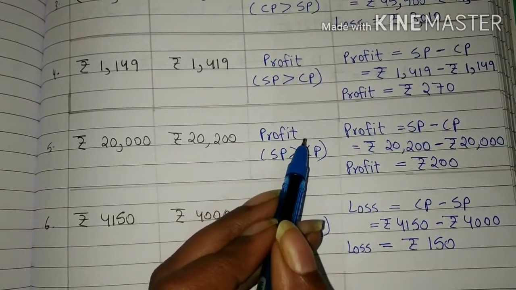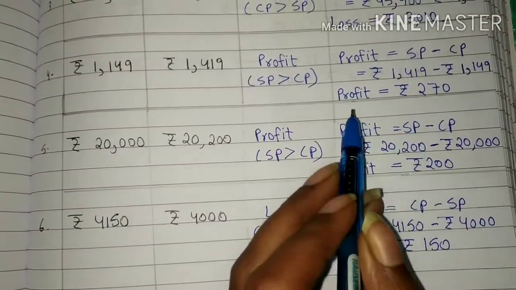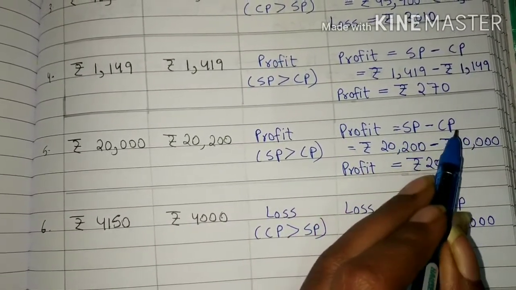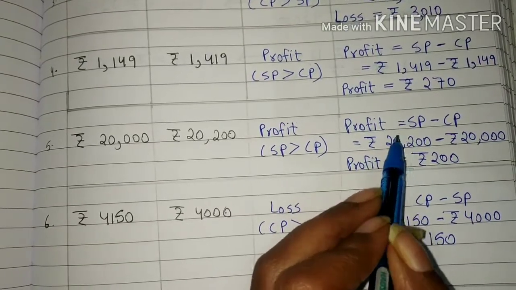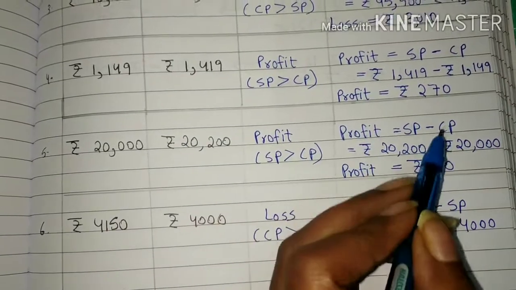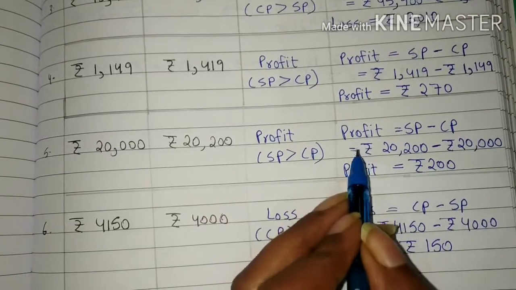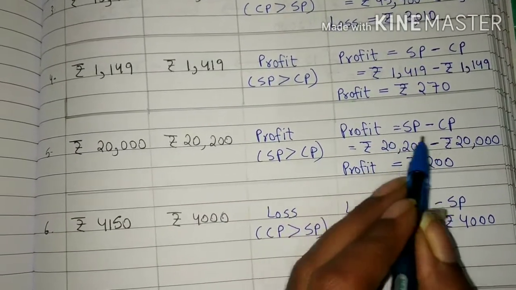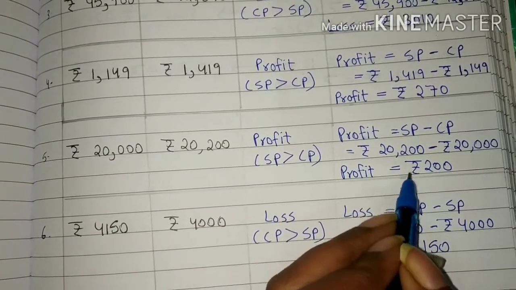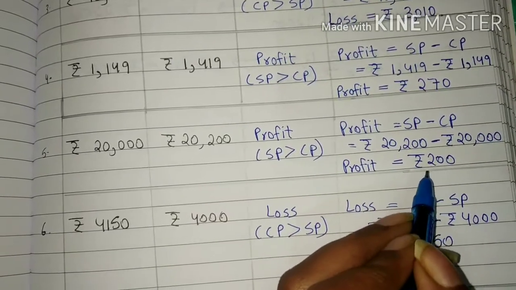So here you will write profit and here you will calculate profit amount. How will you calculate? Profit is equal to selling price minus cost price. So selling price is rupees 20,200 and cost price is rupees 20,000. So rupees 20,200 minus rupees 20,000 is rupees 200. So profit is rupees 200.